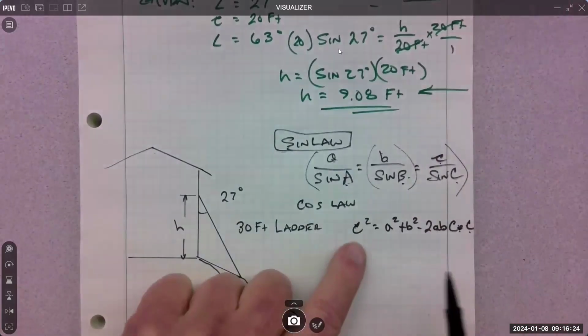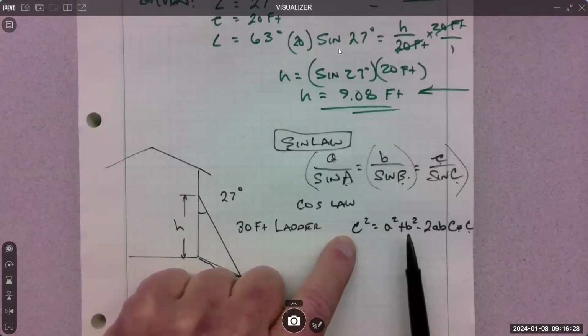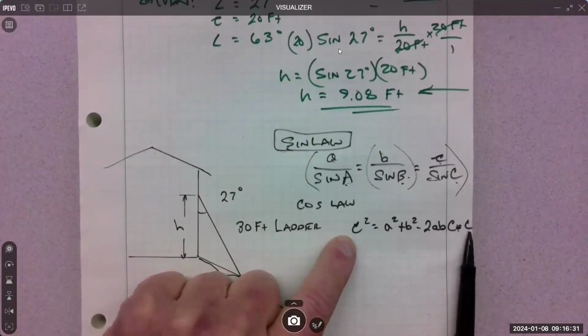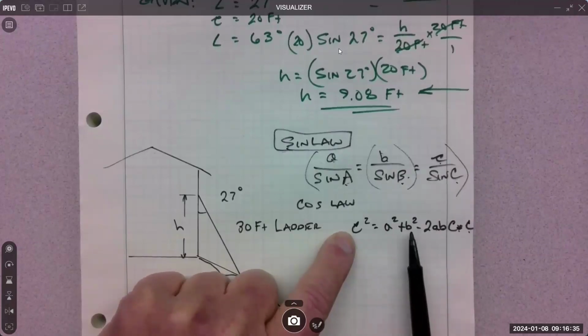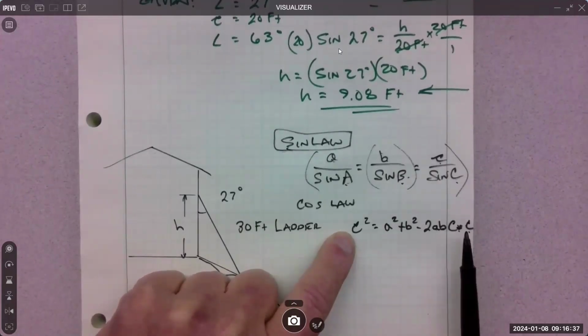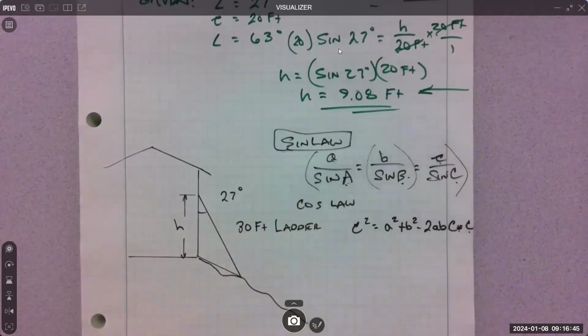Okay, now the cosine law has 1, 2, 3, 4 variables. Has side C, side A, side B, and it has angle C. 4 variables in the cosine law. That means you need to know three things about the triangle.